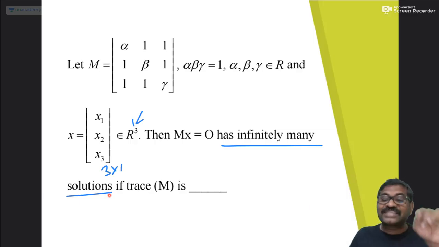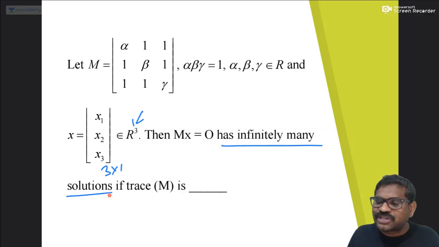If the system possesses infinitely many solutions, what type of system is it? Homogeneous system or non-homogeneous system? It is 100% a homogeneous system.